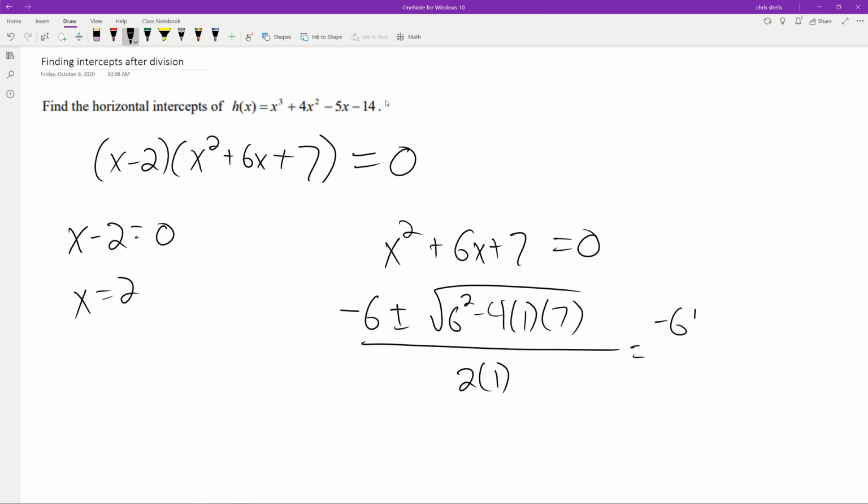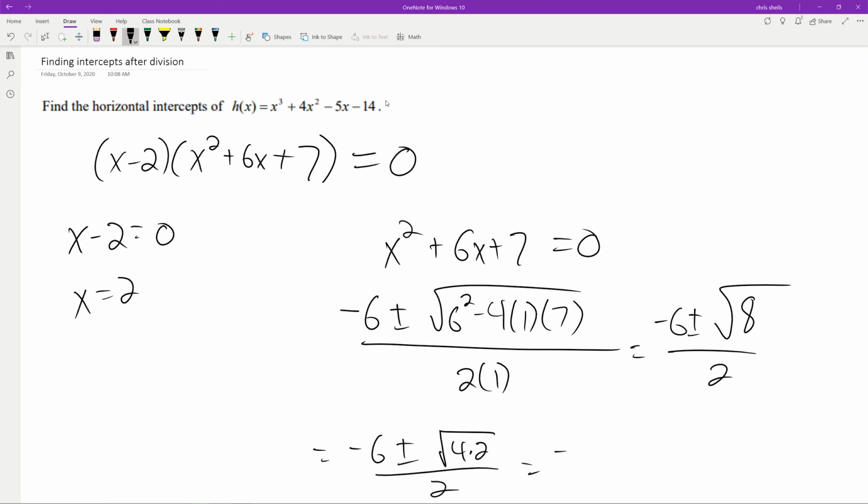This is negative 6 plus or minus square root of 8 all over 2, which is negative 6 plus or minus square root of 4 times 2 all over 2, which is negative 6 plus or minus square root of 4 times square root of 2 all over 2.